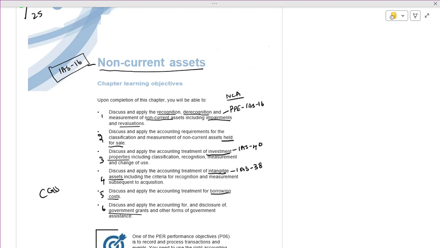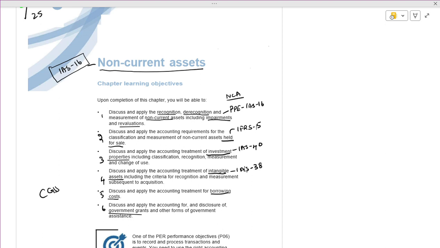Somewhere we will also talk about IFRS 5, which is held for sale. These things we will cover in detail, how best they can be worked out.